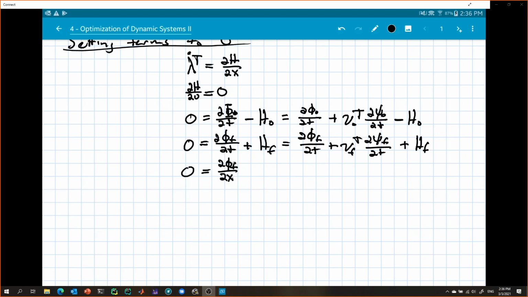So we have the partial of the adjoined terminal cost plus the co-state, the initial co-state values. And we expand that out as before. Oh, this is not t, it's x.